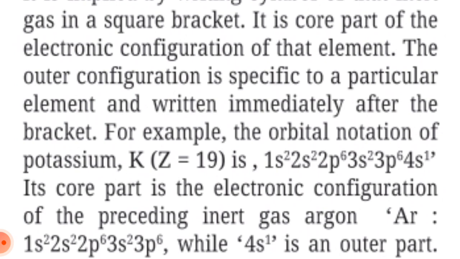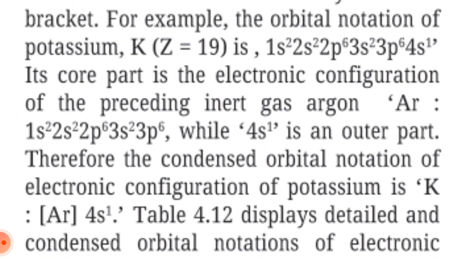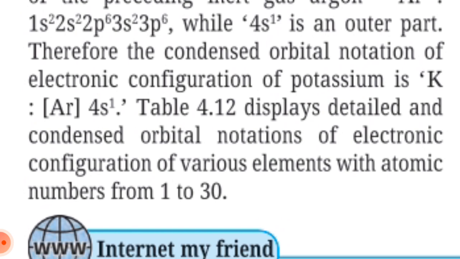The outer configuration specific to the particular element is written immediately after the bracket. For example, the orbital notation of potassium K, Z equal to 19, is 1s2, 2s2, 2p6, 3s2, 3p6, 4s1. Its core part is the electronic configuration of the preceding inert gas argon, Ar: 1s2, 2s2, 2p6, 3s2, 3p6, while 4s1 is the outer part.